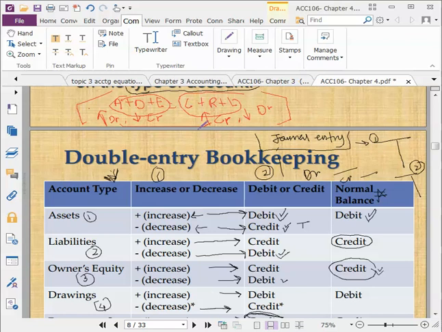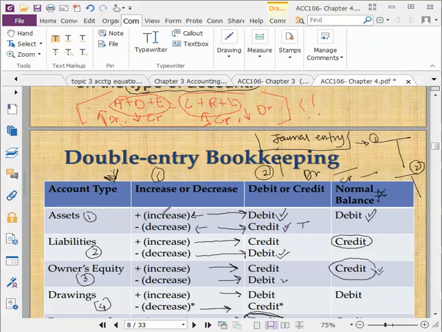Then you must know whether to put that amount on the debit side or the credit side. The formula here is just the same as what they are trying to say inside this table.